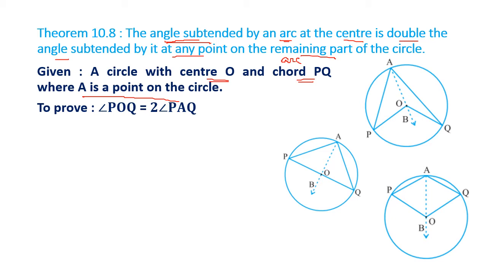To prove it, from this point A, draw a line to the center and extend it. Call it AB. So first, construct ray AB passing through the center.